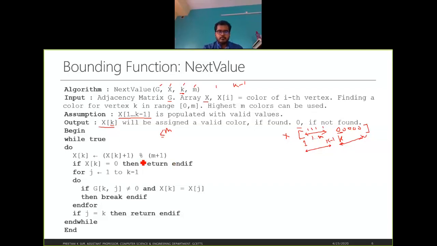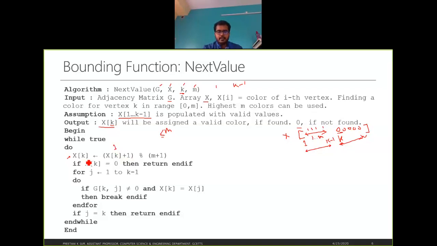Now we are doing xk equals xk plus 1, and we have 0 value at this moment, so 0 plus 1 modulo m plus 1. This is how we are starting. Whenever we come to a k vertex, we first check whether we can assign the color 1.